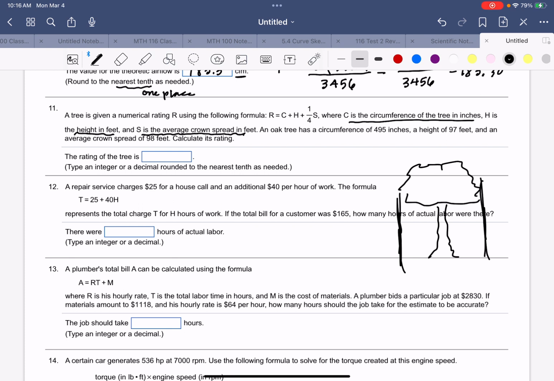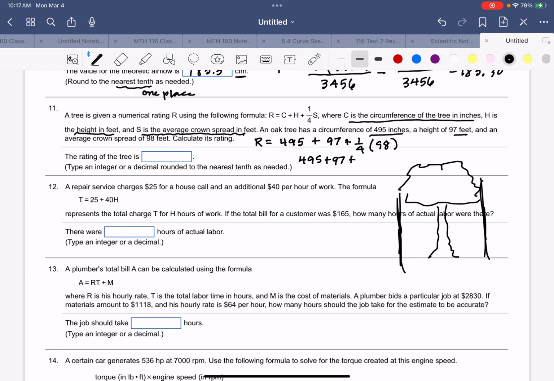So what do we know here? We've got to find R, our tree rating. We're given a circumference, that's C, of 495. We're given a height of 97 feet. And the crown spread is 98, so 1/4 times 98. So we're going to add 495 plus 97 plus 1/4 of 98.